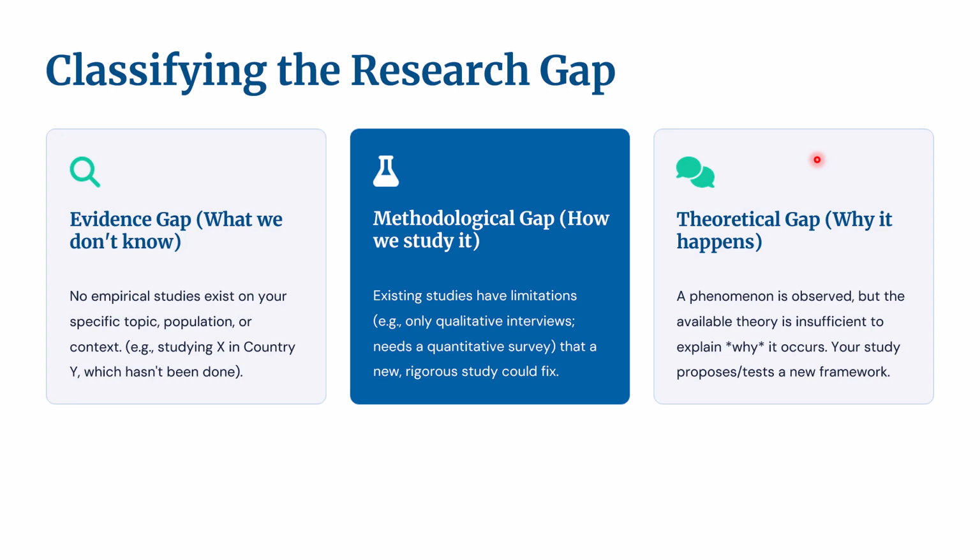Why does it happen? Here a phenomenon is observed, but the available theory is insufficient to explain why it occurs. The study here is to propose a new framework or to propose theories about that phenomenon.